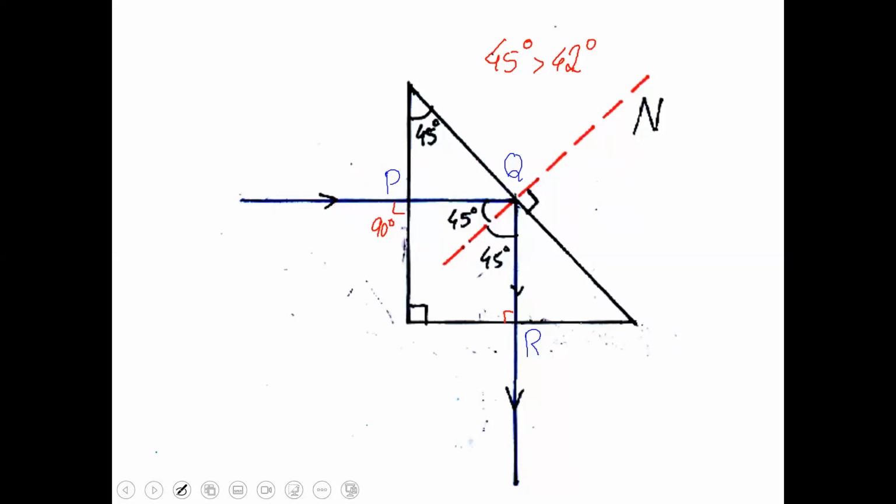So you have to give a side heading, prism. You have to copy this diagram neatly. I'm just coming. You have to copy this diagram neatly.